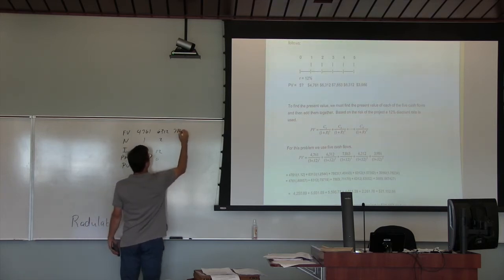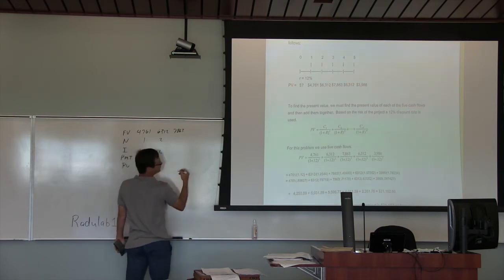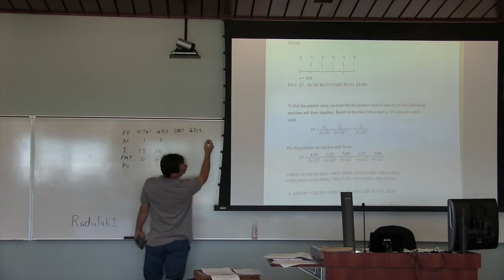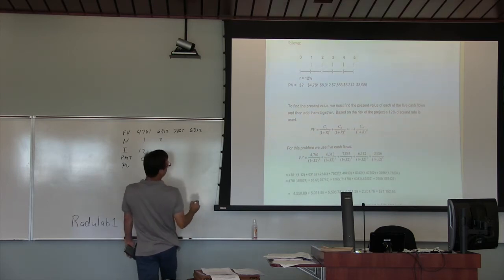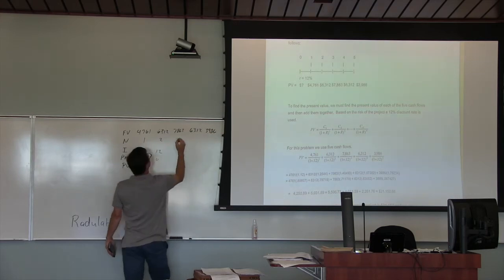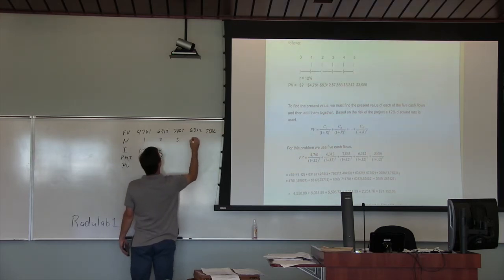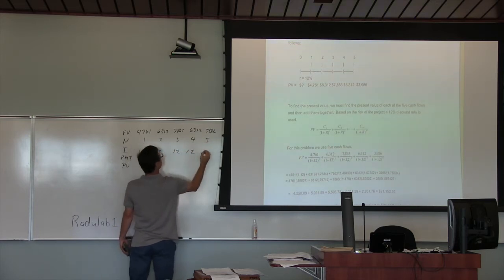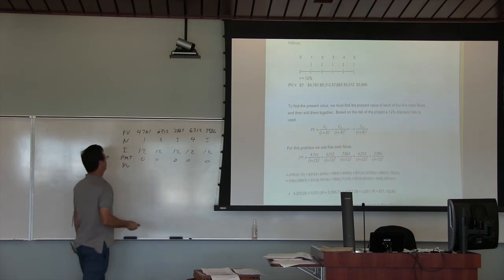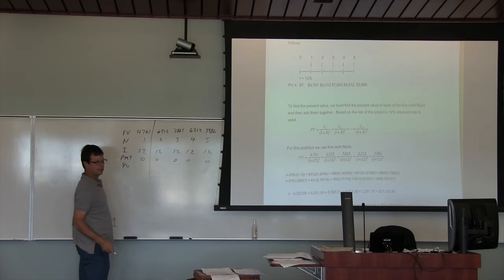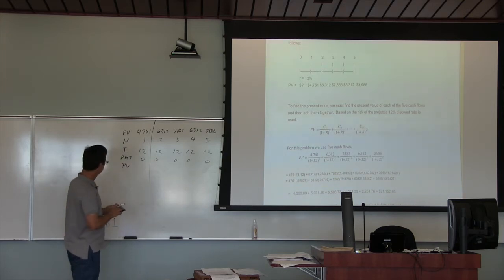The 7863, the 6312, and then the 3986 are getting discounted back for 3, 4, and 5 years respectively at the 12%, and 0 payments in the middle there. So what I just want to show you is once you get the financial calculator rolling on this, it goes really fast, okay?